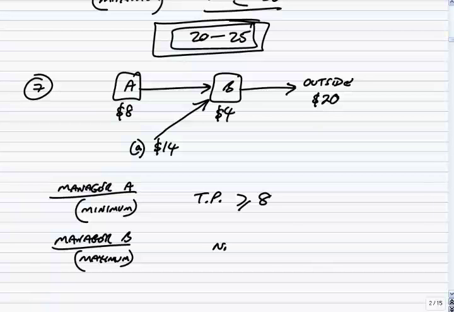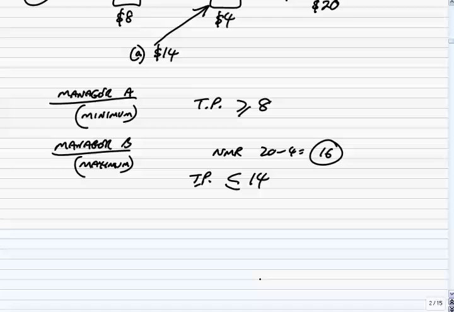The net marginal revenue is 20 minus 4, 16. They wouldn't pay anybody more than 16, otherwise they'd make a loss. However, they can buy outside for 14. Well, of course, why on earth should they buy from A unless it's less than 14? The transfer price must be less than 14, the price at which they can buy outside. The range 8 to 14.